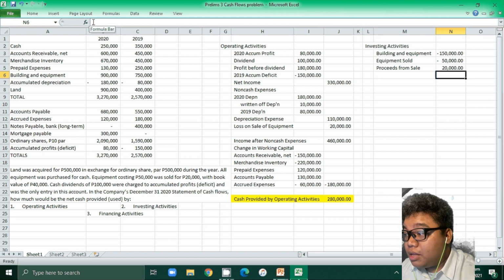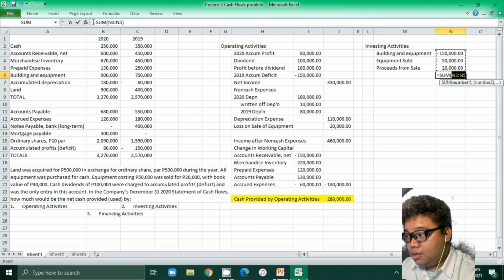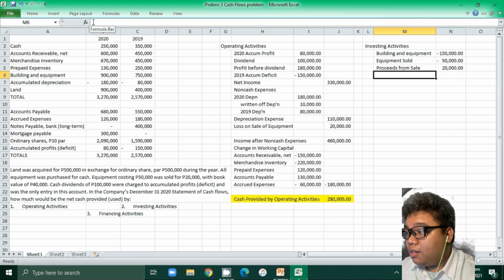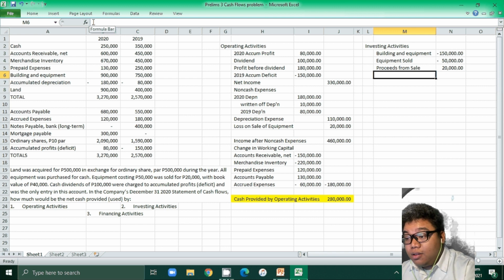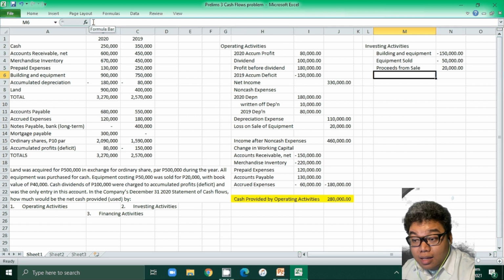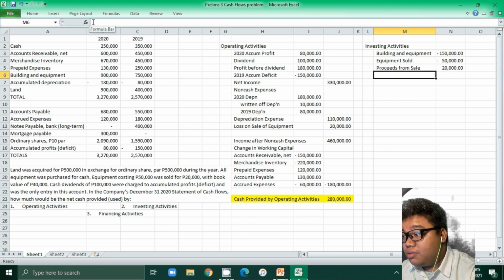So our cash from investing activities, would this be all? There is a change in land. From 400,000, it is now 900,000. But we need to consider the additional information that states land was acquired for 500,000 in exchange for ordinary share, par 500, during the year. All equipment was purchased for cash, so this would be pertaining to that.